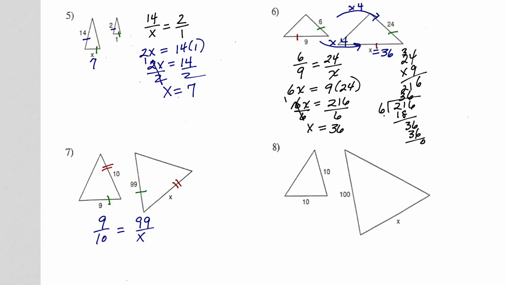And then I would go ahead and do the algebra. 9 times x equals 10 times 99. 9 times x equals 990. Divide both sides by 9.